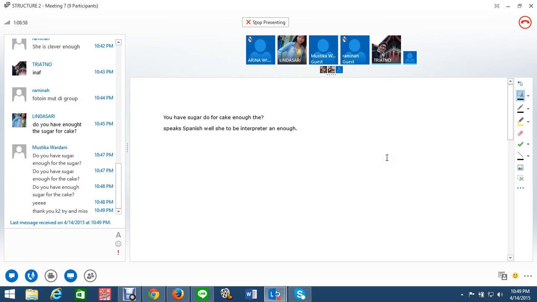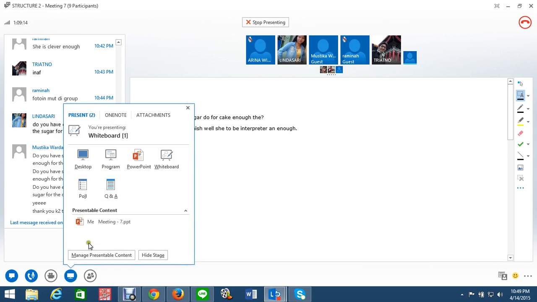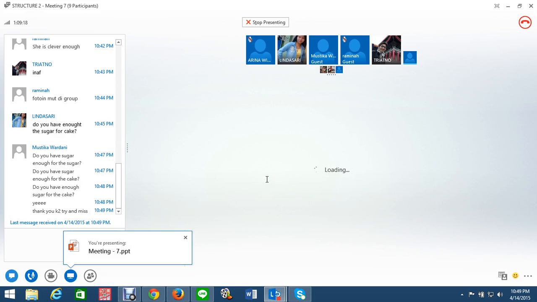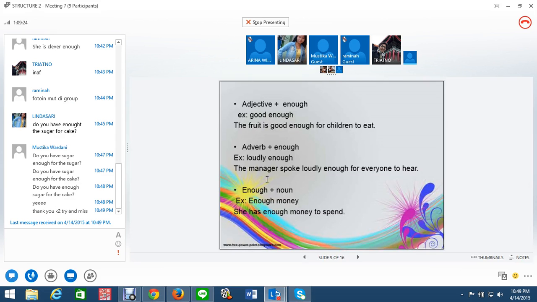Okay, now the answer of number 2 is she speaks Spanish well enough to be an interpreter. Well enough, because well is an adverb. Let's see the rule, the formula.